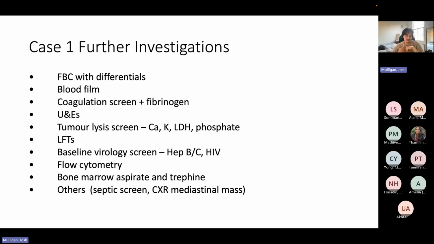A bone marrow aspirate, so just taking a look at the bone marrow and what the cells are looking like in there. And if you're thinking along the lines of lymphomas, or is this sepsis, you can also do a septic screen and chest x-ray. This is quite a long list of further investigations.